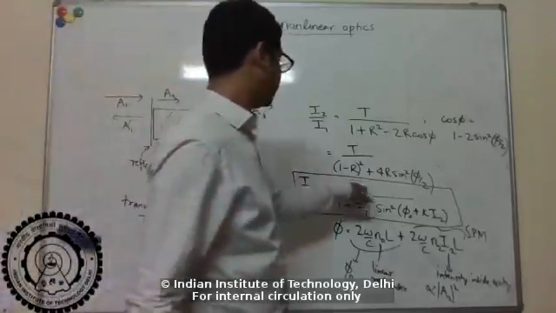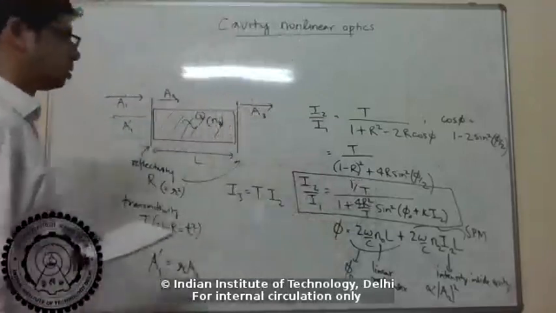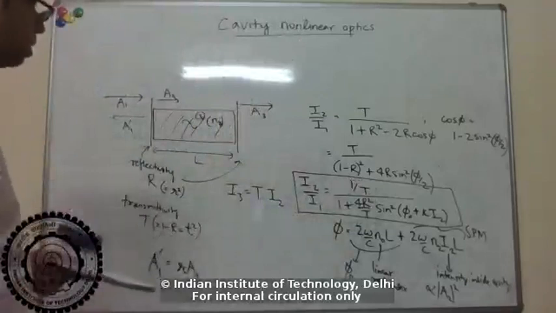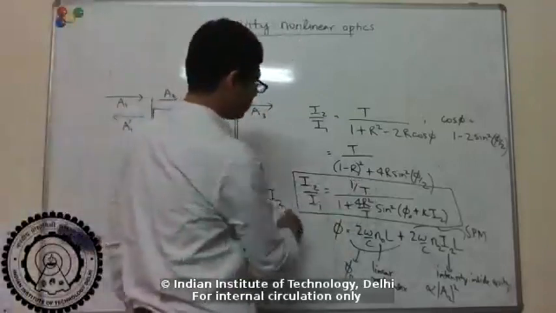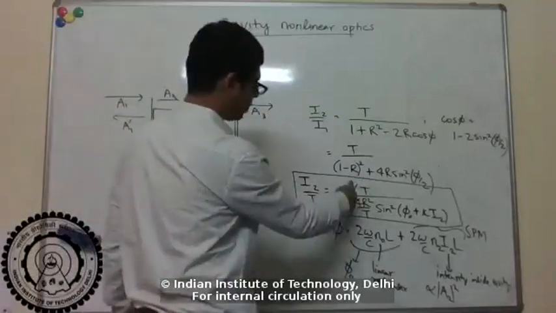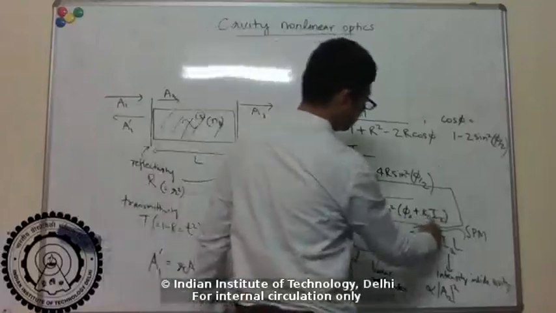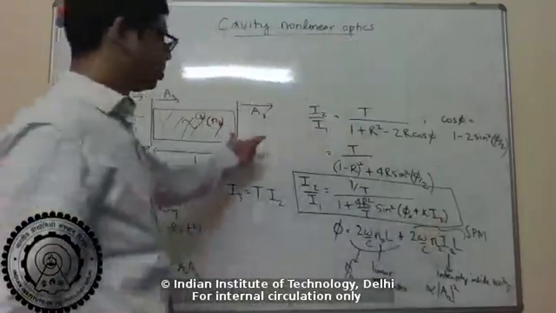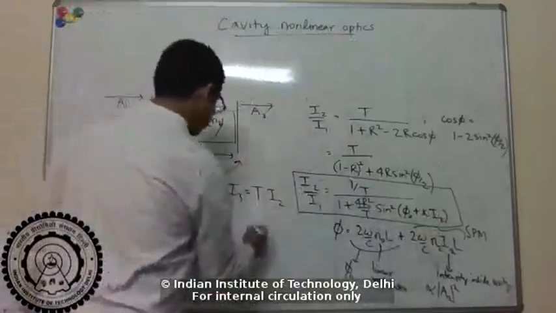So you can see it's the same form. This T 1 by T just becomes 1. So you can also write this as I3 by I1, for example, is equal to, you get 1 here, and then you can write I2 as I3 by T. So that will again be a constant. So both I3 and I2 have this form, or maybe I just write it explicitly.